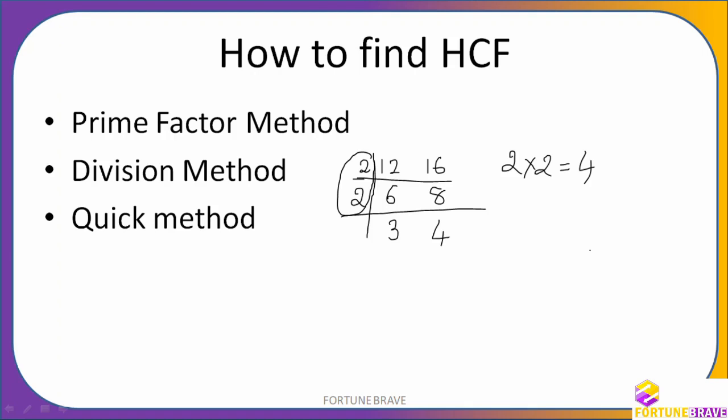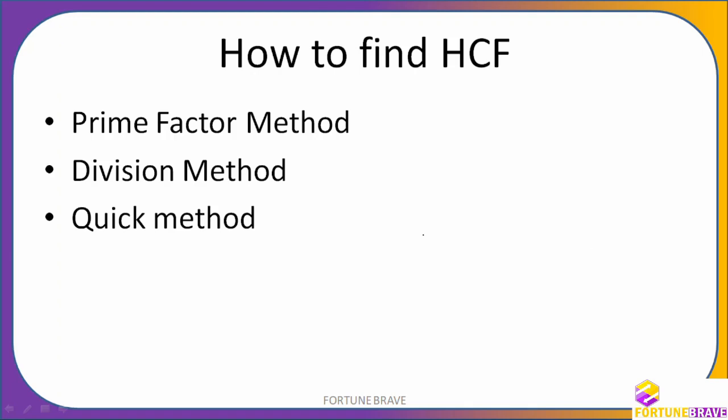Now we'll come to the quick method. So what is the quick method? Before we go to the quick method, we need to understand one concept. What is an HCF?